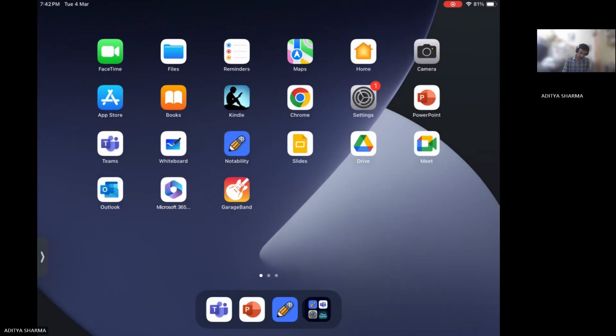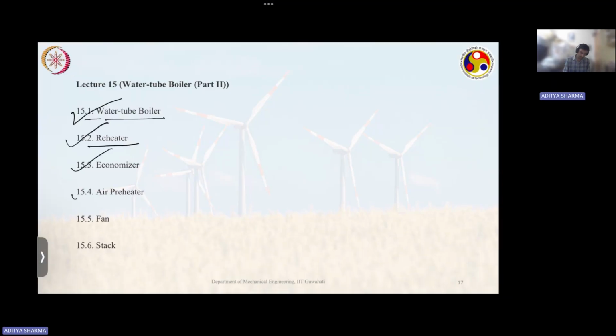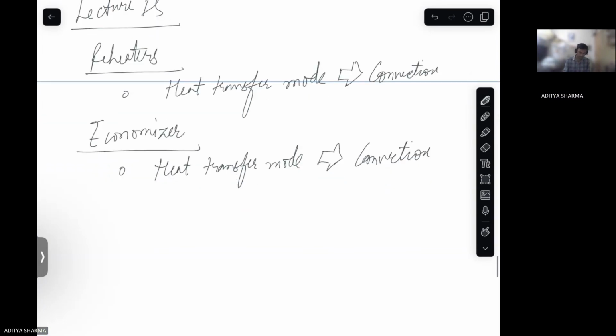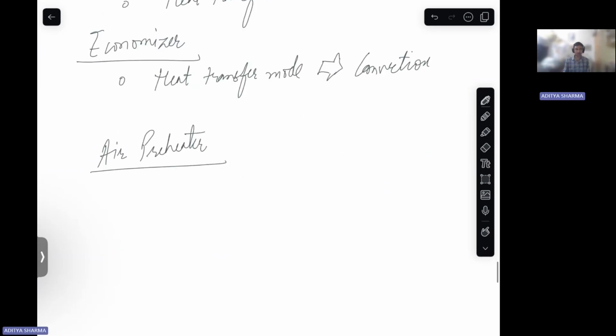Then is your air preheater. There are majorly two types of preheating.